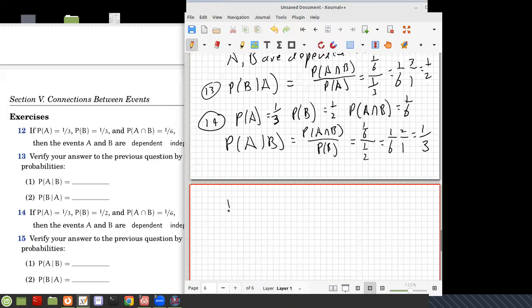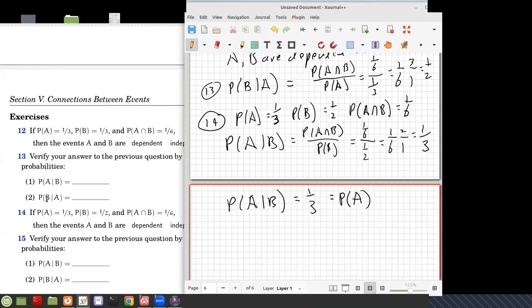So the probability of A given B equals 1/3, which equals the probability that A occurs, right? So that would seem to suggest that they're independent.